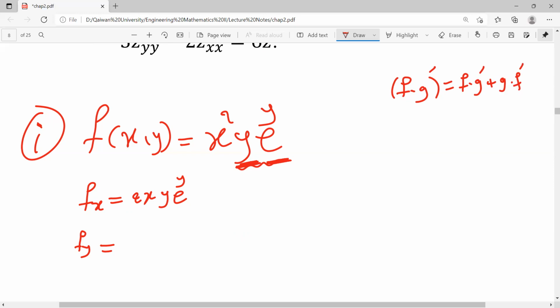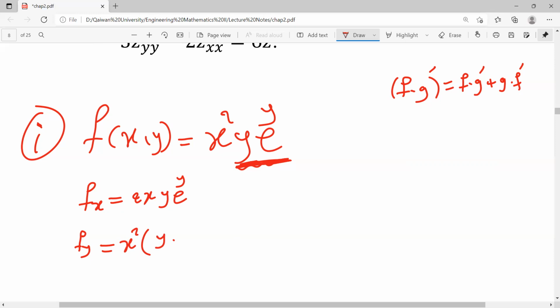And here we have the same: we have y times e to the power y. So here we say y times the derivative of e to the power y plus e to the power y times the derivative of y. X squared is a constant here. We say x squared, then y times e to the power y, its derivative is itself.